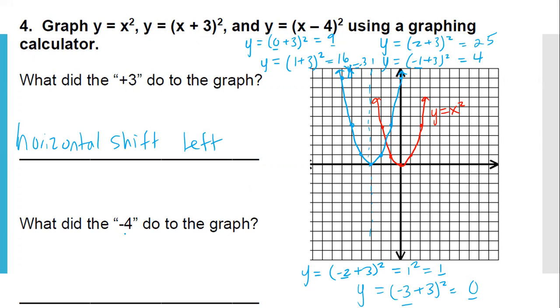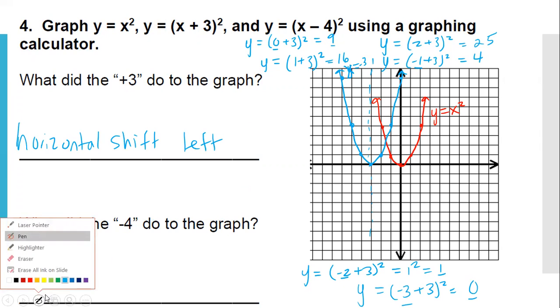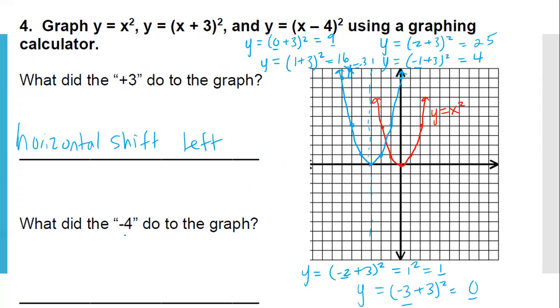So what do you think is going to happen with the -4? If it says x -4 squared, if plus 3 causes it to go to the left, what is the 4 going to cause us to do? Exactly. So at this point, I don't have to do any math.